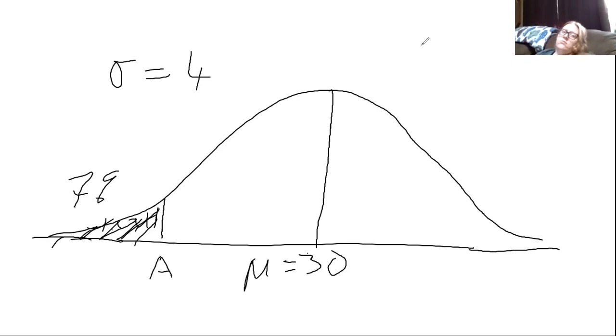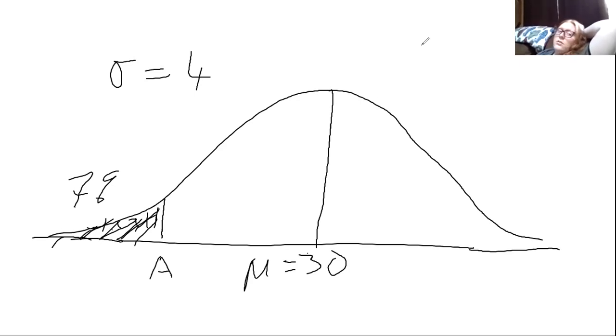So we will go to second function, VARS, and 3 for inverse normal. Second, VARS 3. What is the area? It would be 0.07. Great. Area to the left, 0.07.